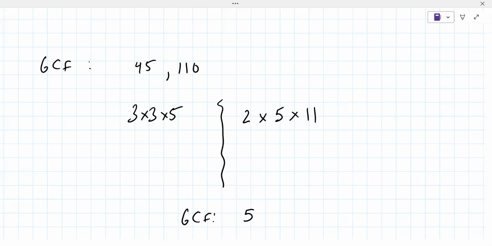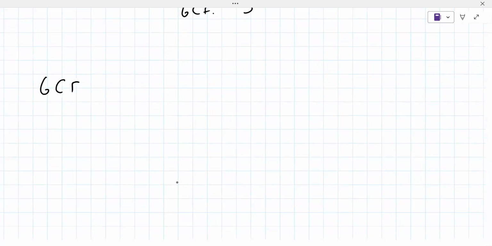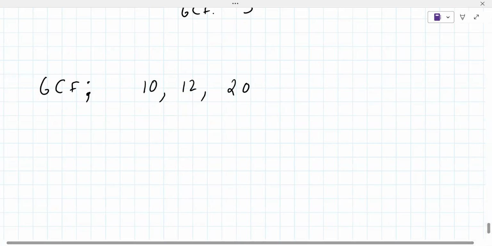Now you can also do a GCF for 3 numbers. So something like 10, 12, and 20. Could you come up with the GCF for these 3 numbers, and then we'll move on to something else.